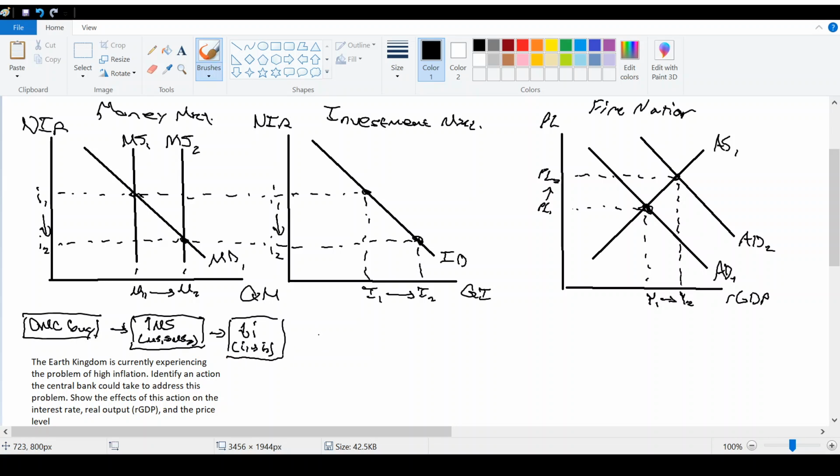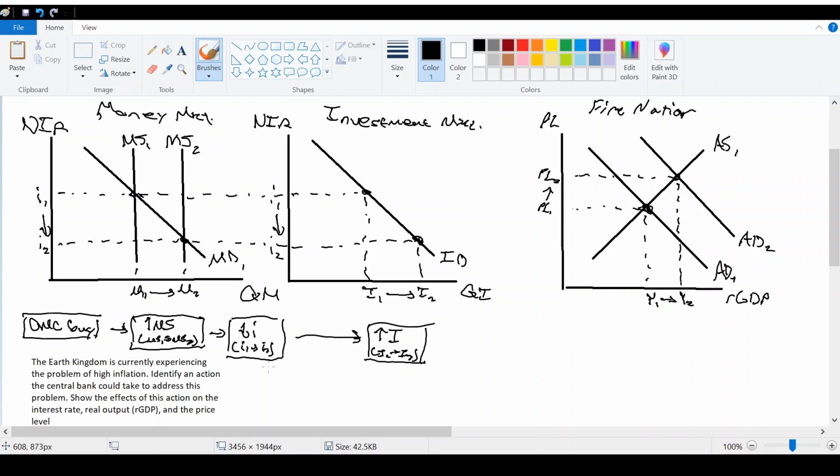Okay, now this one, there are a couple ways you could do this. You could draw it separately. You can make a big arrow. That's what I'm going to do here. But this part, you kind of have to write a little blurb explaining what happens. But this causes an increase in I1 to I2. So what you have to put here is explain why this happens.